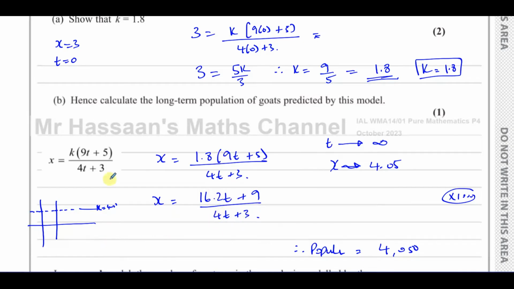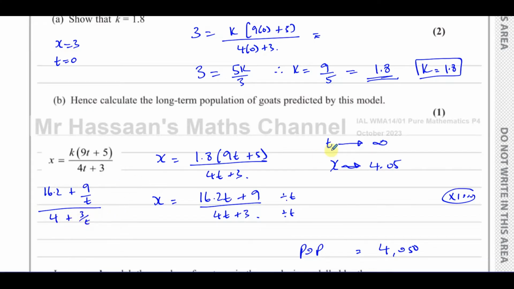A third way of dealing with this question, which I'm going to show you, is if we rewrite it so that it's easy for us to deal with algebraically. If you divide both the numerator and the denominator by t, you'll get 16.2 plus 9 over t divided by 4 plus 3 divided by t.